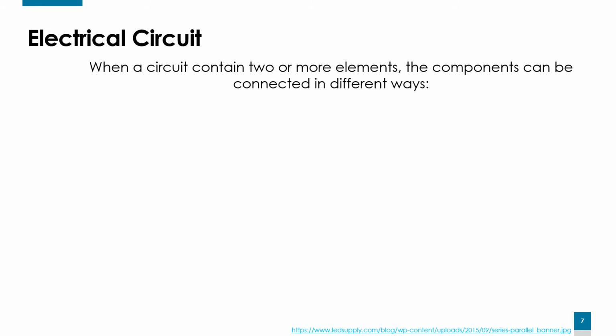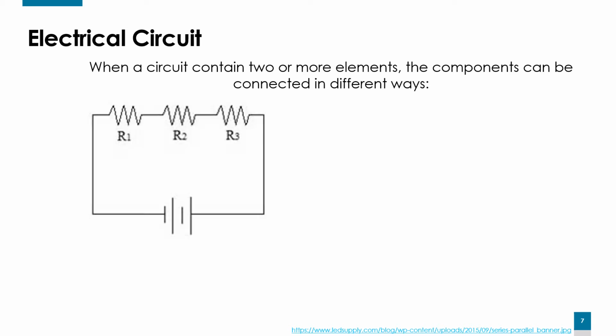When a circuit contains two or more elements, the components can be connected in different ways. There are two main ways that I can connect the elements of the circuit. I'm going to focus on the elements in this class. Here I'm representing the resistor. I have 1, 2, 3 resistors. They are side by side.